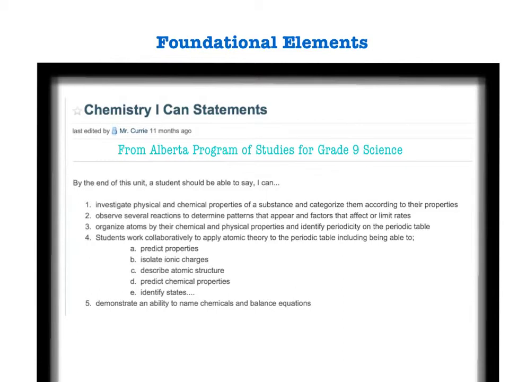I want to tell you about some foundational elements. Every unit in the science curriculum has a list of I can statements pulled from the Alberta Program of Studies. This is the section that students would see for chemistry. You notice there's only 5 I can statements for chemistry. These are things that I looked at the curriculum and said if we had to look at the 5 umbrella ideas, the 5 things the students must be able to do, encompassing all those other key elements of curriculum, these are the ones that I would have come up with.